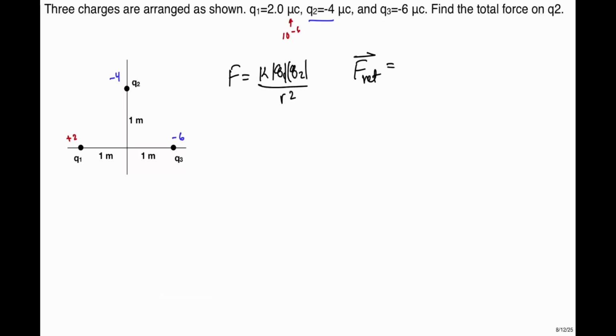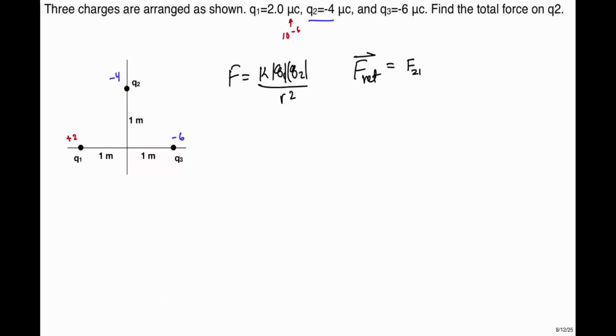And physicists in your book use a little notation to mathematically spell out the idea that I just told you. We're going to find the force on charge 2 because of charge 1.